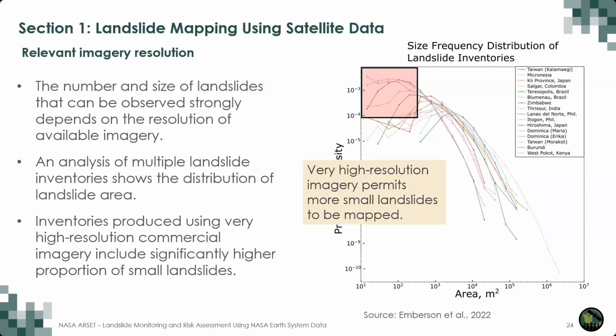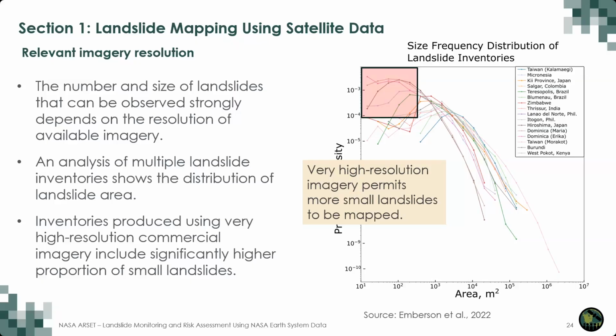The key thing to look at here is these populations at very small areas. You can see there's a handful of those inventories, these individual lines, that were mapped using very high resolution imagery, and that could be up to 3-meter resolution imagery. In this case, you can see there are a large number of landslides in those inventories that are around 100 square meters or even smaller.